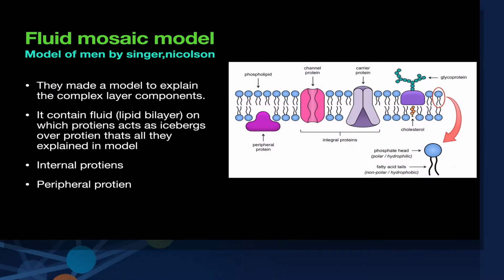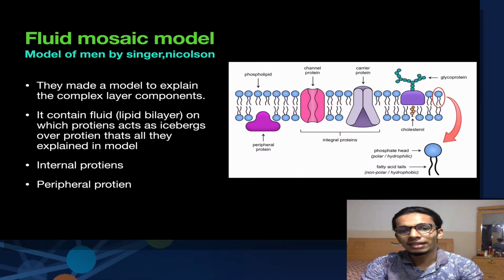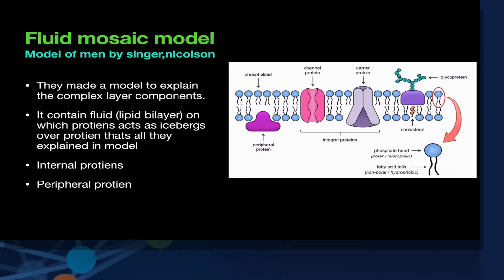After that, we have a wonderful model presented by Singer and Nicolson. This is the model of the membrane. Over here, I mistakenly made a typo, it's the short form for membrane. The fluid mosaic model is a famous basic model which helps us understand all the details of the plasma membrane, that bilayer and the proteins, which are the channels I mentioned earlier.